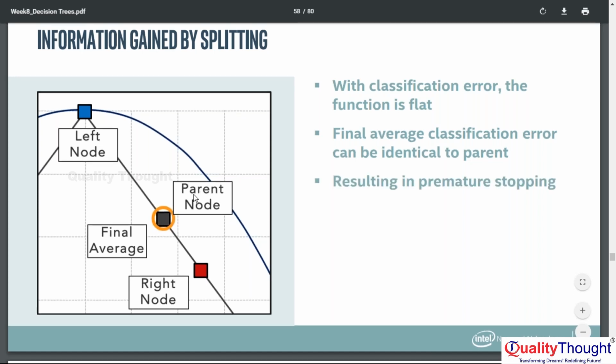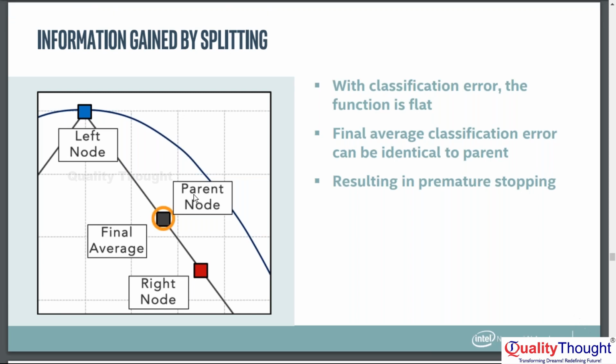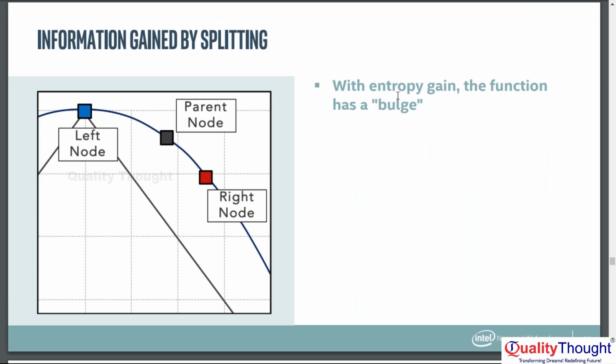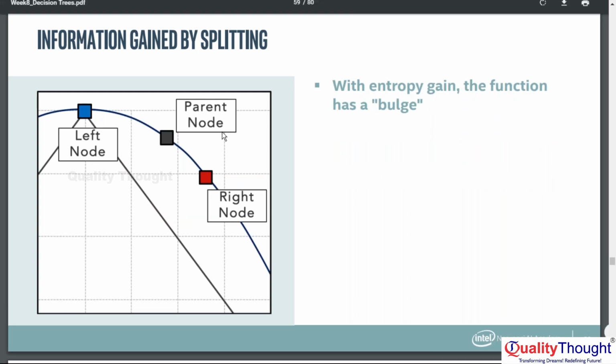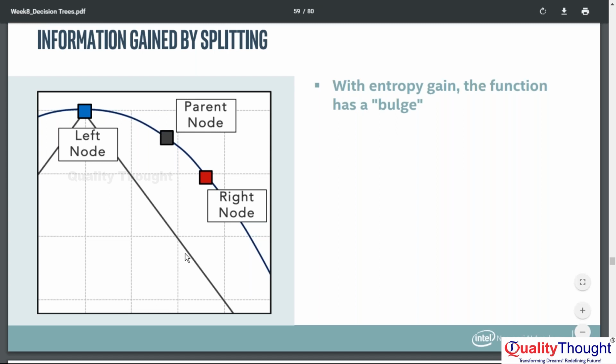Okay, so what finally results is premature stopping. But we need something homogeneous at the end of the decision tree split. With the help of that, we will try using the entropy gain, and instead of making it on this particular line, we will go ahead with the parent node, which is going to be on the curvature line.